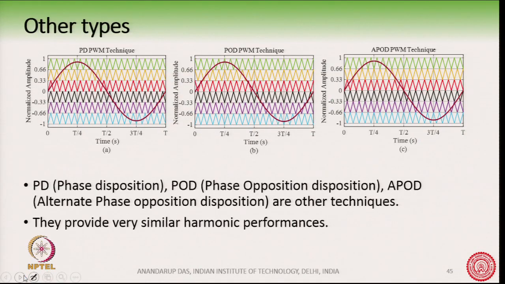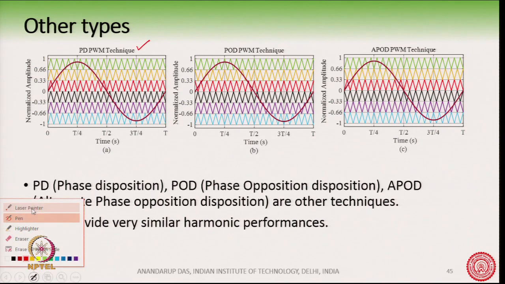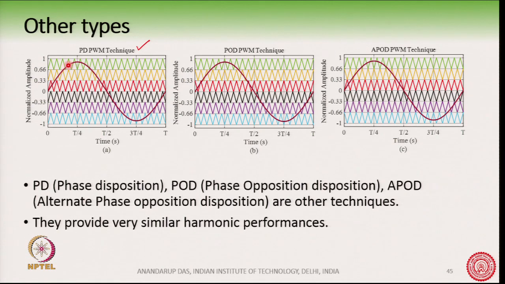Now, as I told you, there are some other types of level shift PWM techniques. Whatever we have talked about is called the phase disposition PWM, level shift PWM, which is this one here, on the leftmost side. You see all these carriers are identical, but they are just vertically phase shifted. Okay.